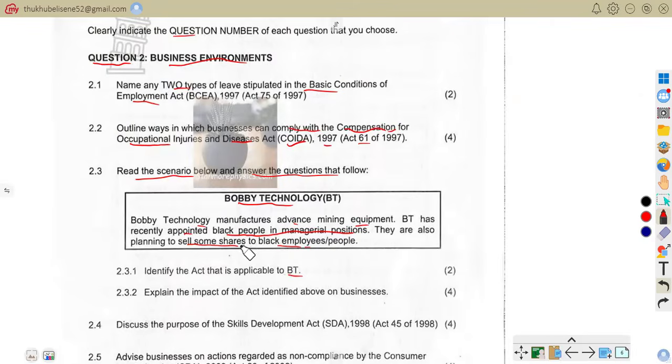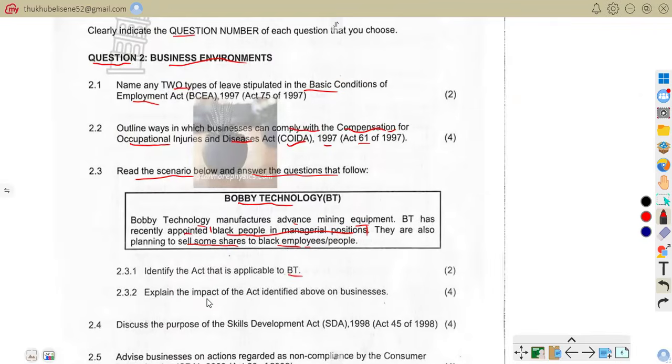Because we can see BT has appointed black people in managerial positions. Also, they can sell shares to black employees. So that shows that this is what? BBBEE. So that is the act that is applicable.